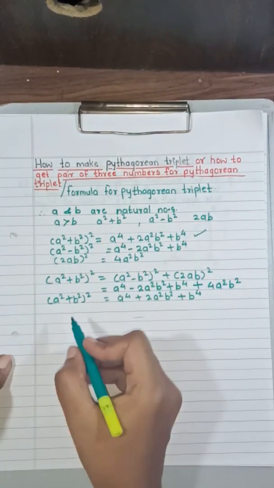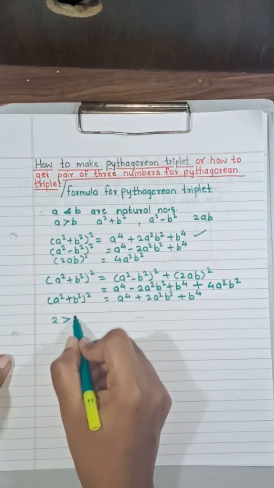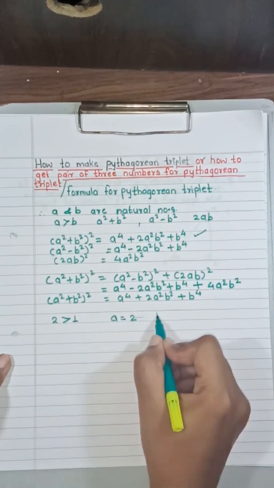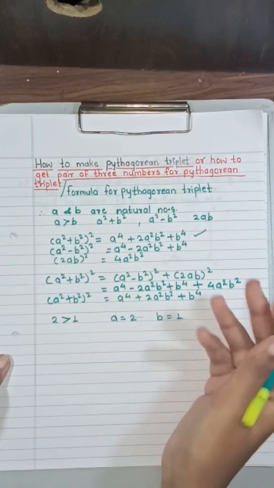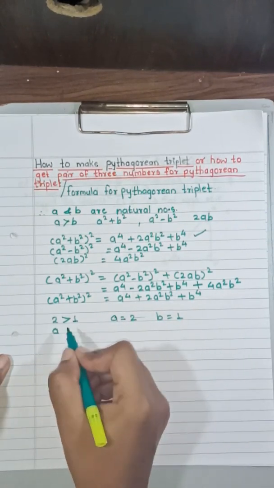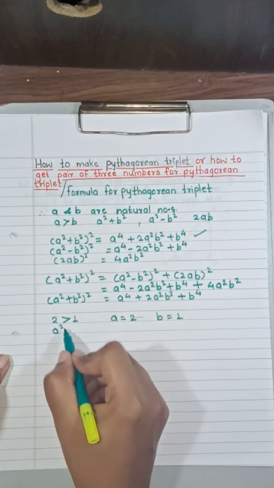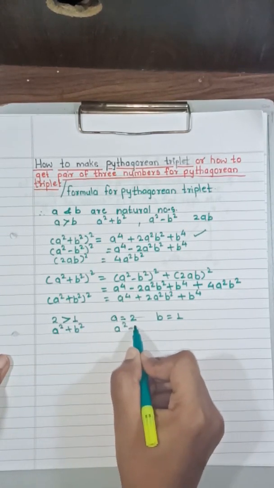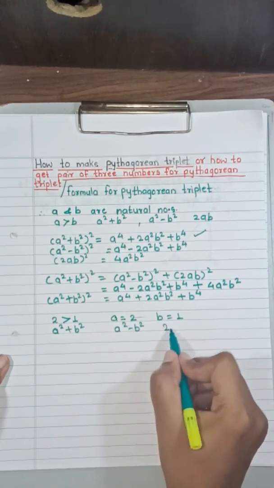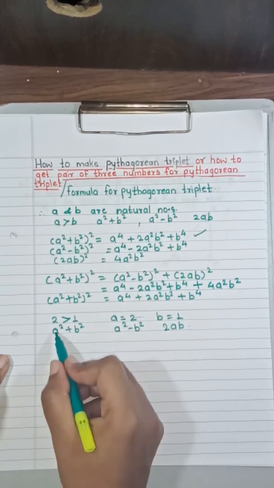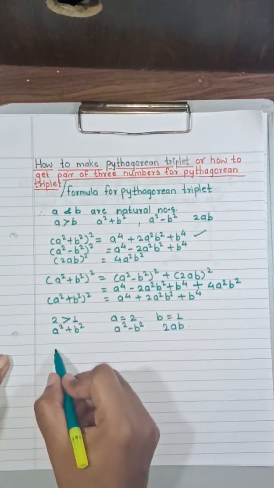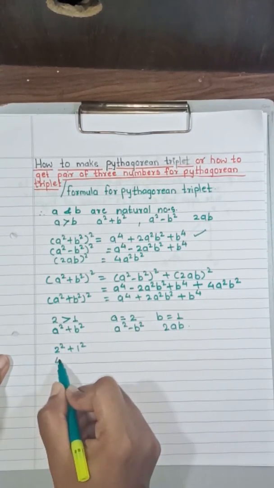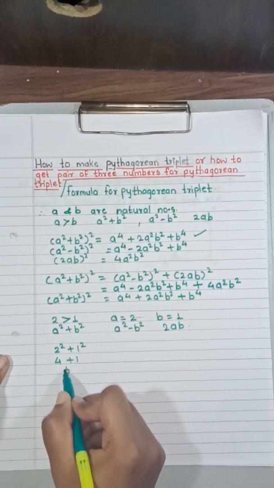Now for example, if you consider 2 is greater than 1, and consider that A is equal to 2 and B is equal to 1, we'll put the values in A square plus B square, A square minus B square and 2AB. A is 2, so 2 square plus 1 square, 2 square is 4, 4 plus 1, that is 5.